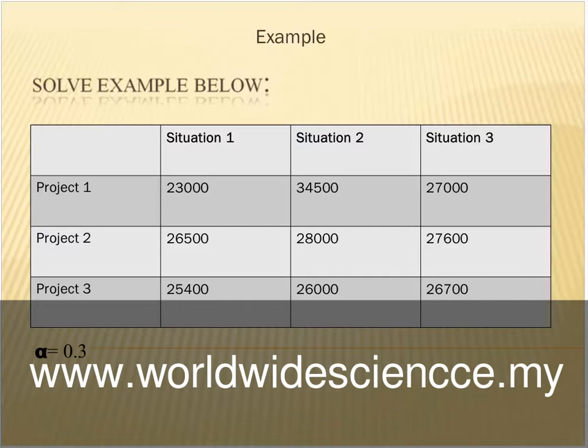You should calculate the alpha for situation 3 yourself. When the alpha for situation 1 is 0.3, and for situation 2 is 0.5, so for situation 3, alpha is equal to, who can say?